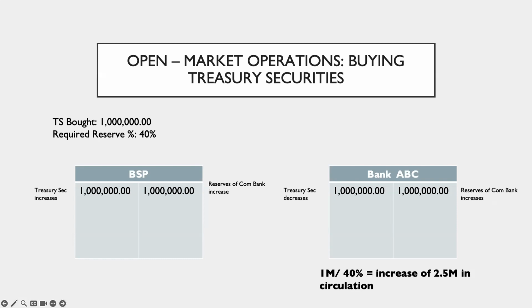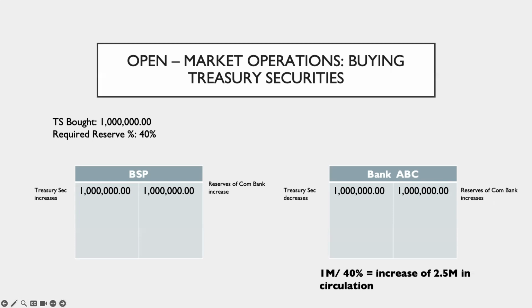When the BSP buys the 1 million treasury securities from Bank ABC, it increases the treasury securities, so therefore it increases the assets.